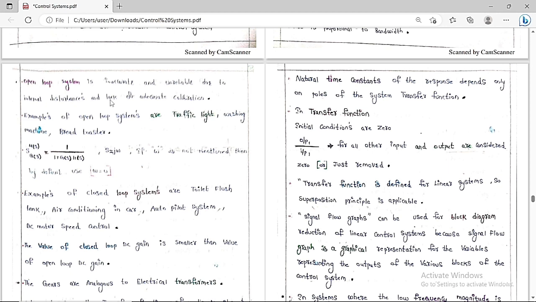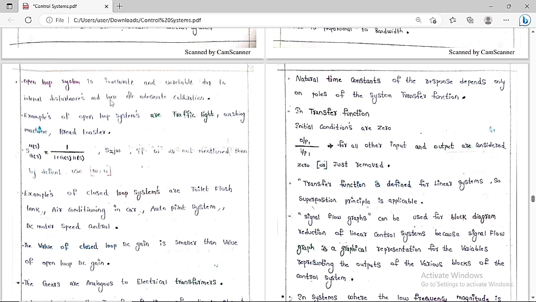The next point is the examples of open loop systems: the traffic light, washing machine, and bread toaster. Basically, an open loop system has no feedback. The best example is the traffic light. The traffic light works on the principle of timing. It doesn't know whether the vehicles in a given line are more or not. It doesn't measure; it only goes by time.